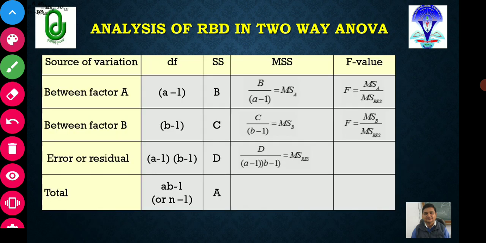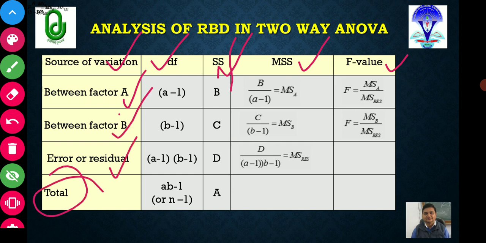First we will see the ANOVA table. Here you can see the components of the ANOVA table: source of variation, degree of freedom, sum of squares, mean sum of squares and F value. Till sum of squares you have already calculated. The sources of variation are factor A, factor B, error, and lastly the total.